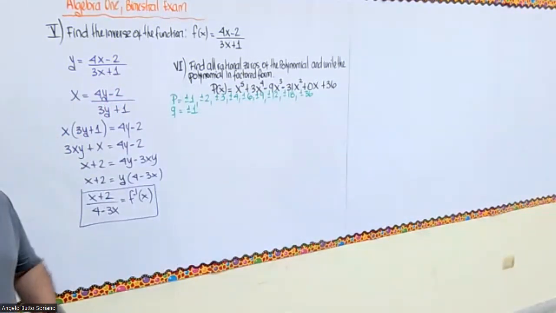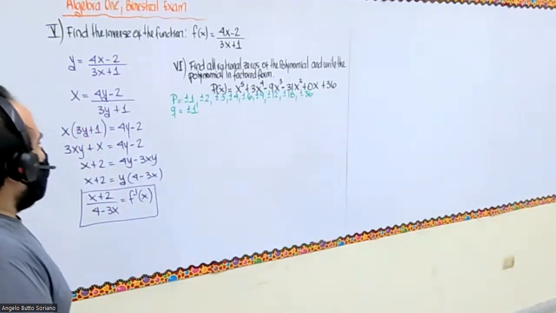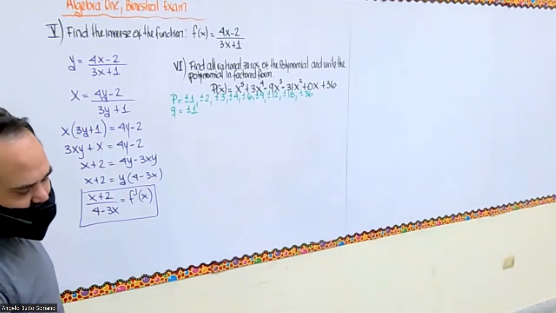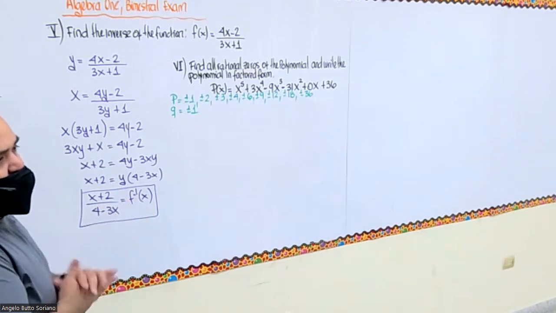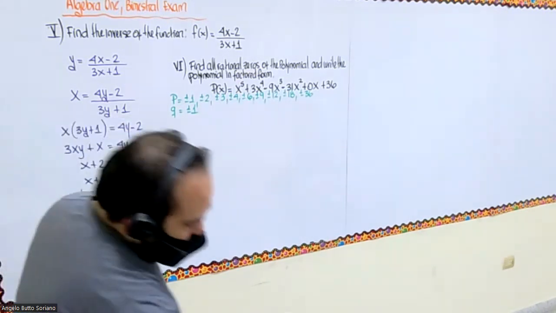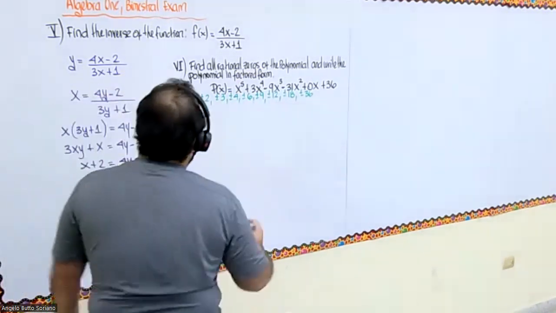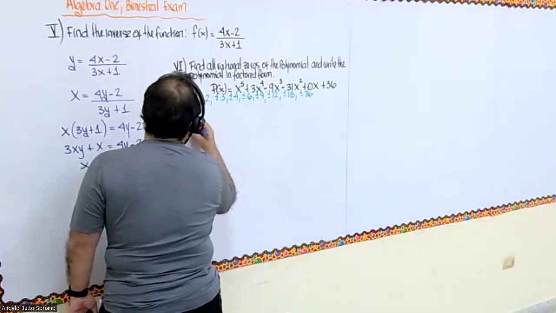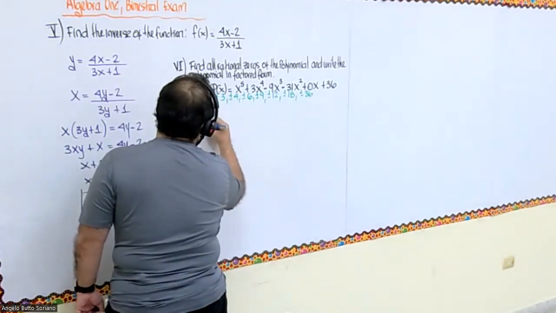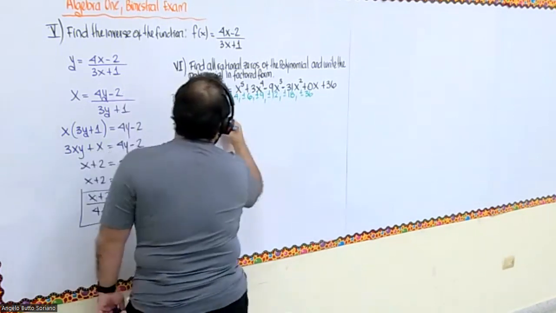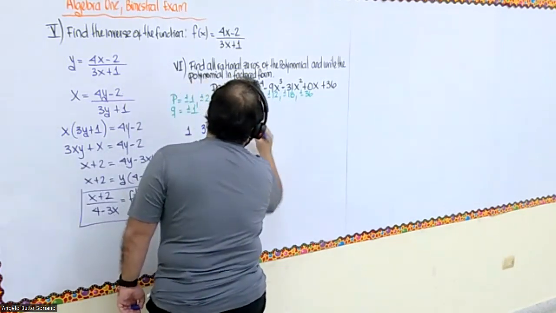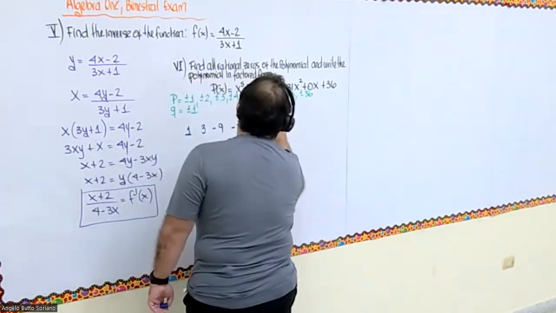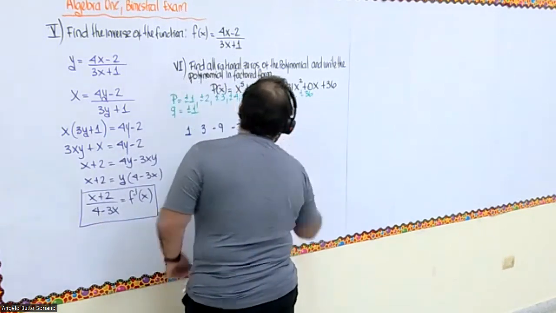Okay, so after trying to solve those polynomials, we can conclude the chosen one at the beginning will be the number 1. So let's write the numbers. We got 1, 3, negative 9, negative 31, 0, 36.